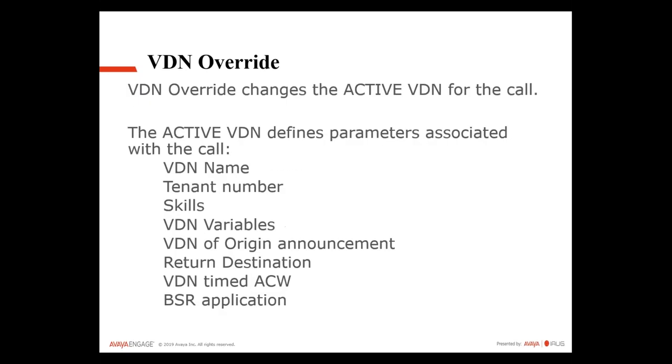For me, it was always that little yes/no that I had no idea what it really meant. I just knew if I changed it from one to the other, sometimes things would work and sometimes things wouldn't. So with the variables, because you are passing from one VDN to another, it's really important to get your override rules correct. So we'll spend a little time hammering away on VDN override.